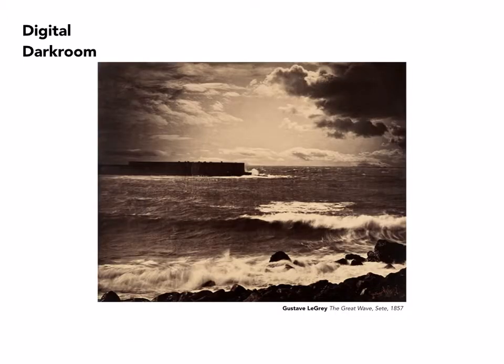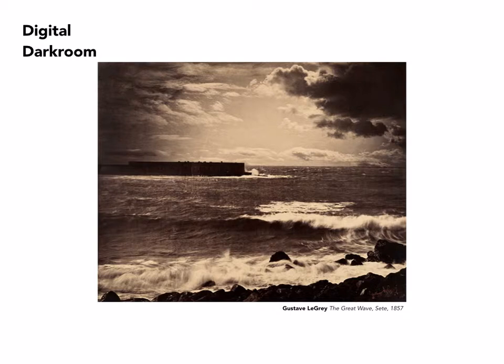From the very earliest days, there was a fair amount of manipulation required based on the film and the processes that were available to photographers. In this instance, an ocean scene by Gustave Le Gray.